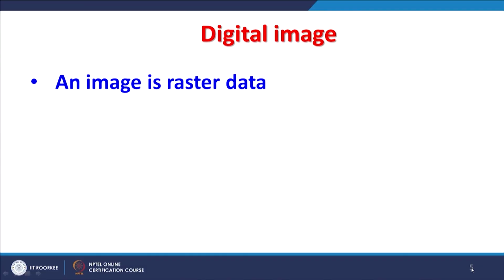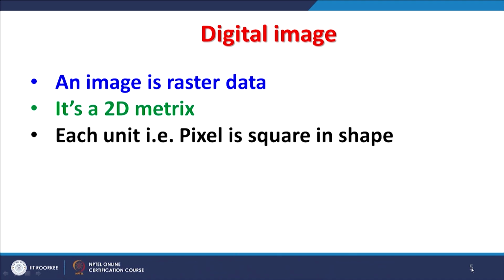Of course, when we combine 3 images, then we achieve color, which we will be discussing later. So an image is basically raster data, which is a 2-dimensional matrix in the mathematical domain, and each unit of this matrix is a pixel, which is square in shape.